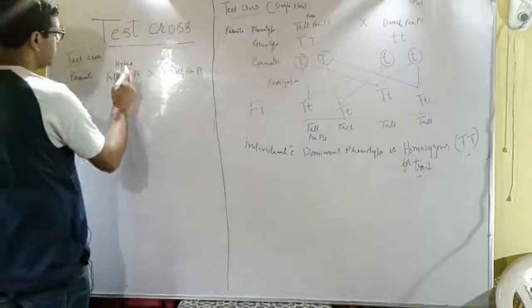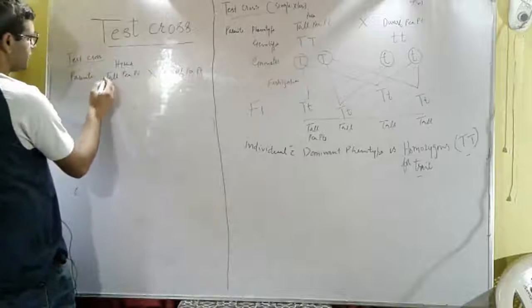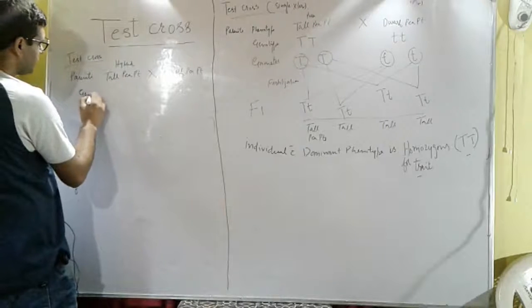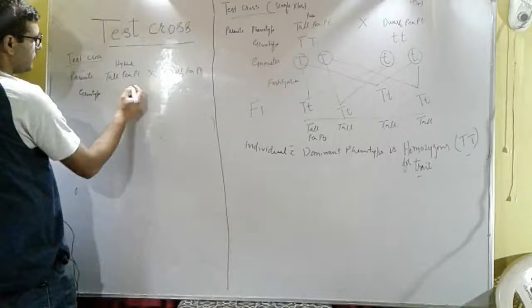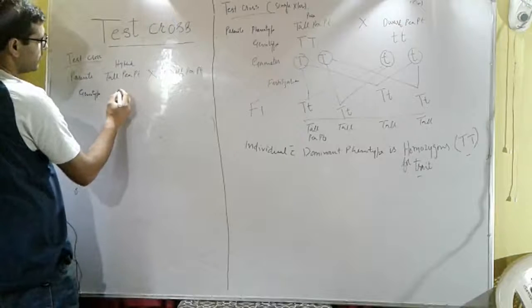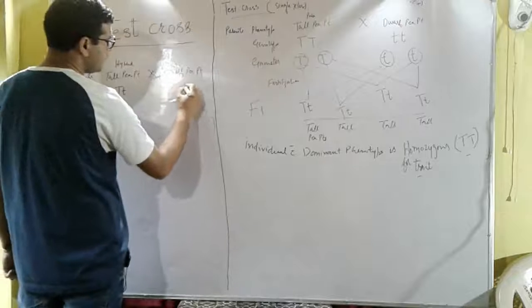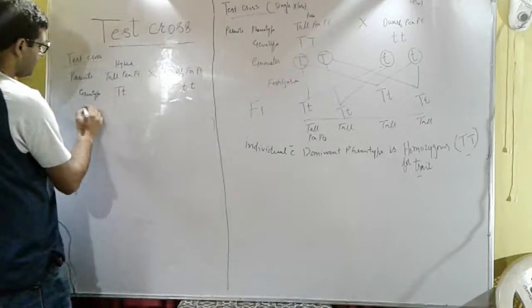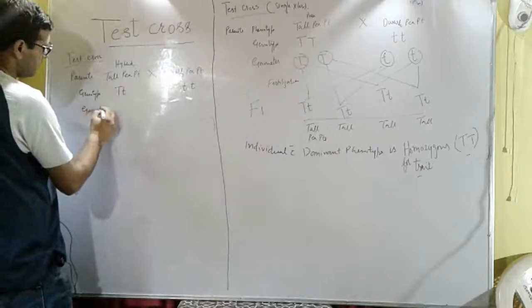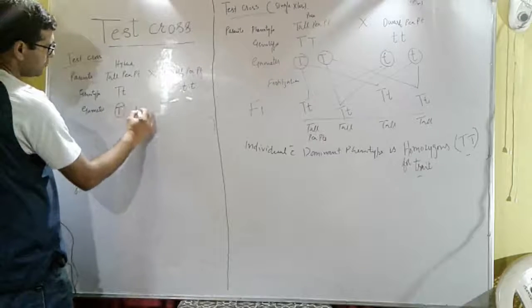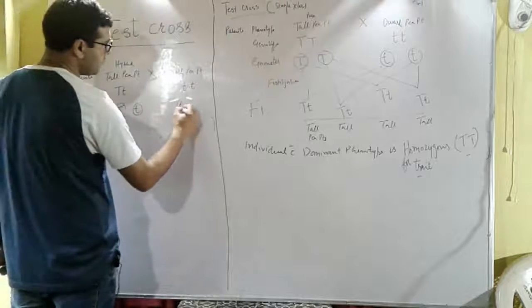So hybrid tall pea plant is the phenotype. Then what would be the genotype? Hybrid tall pea plant, obviously the genotype is capital T, small t. Here the genotype is small t, small t. Gametes: capital T and small t. Here gametes: small t, small t.